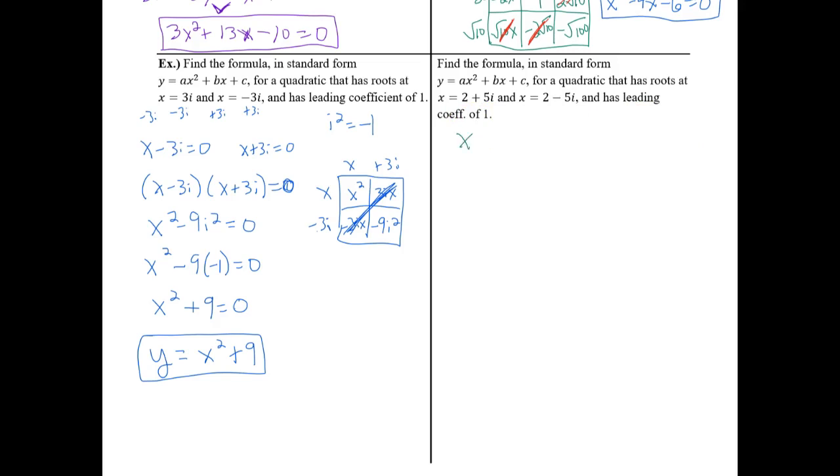That means we would subtract 2 and subtract 5i from both sides on that first solution. And we would subtract 2 and add 5i on the second solution. Right? I'm just taking these solutions and setting them equal to 0. Those become our factors in our quadratic equation.